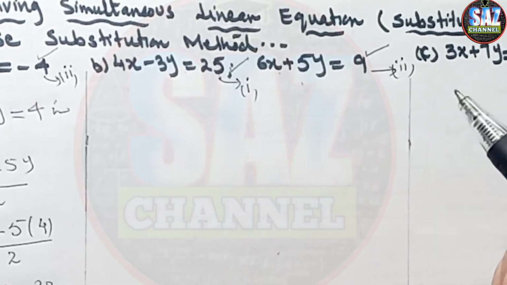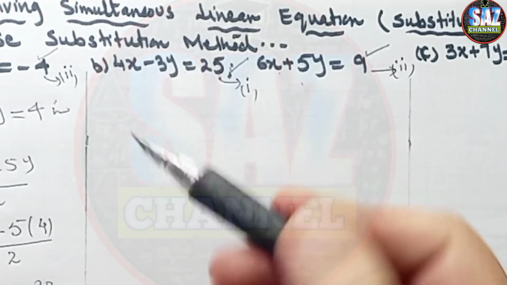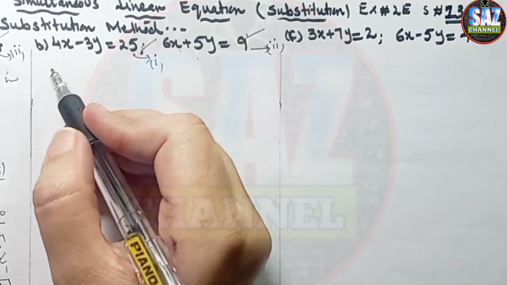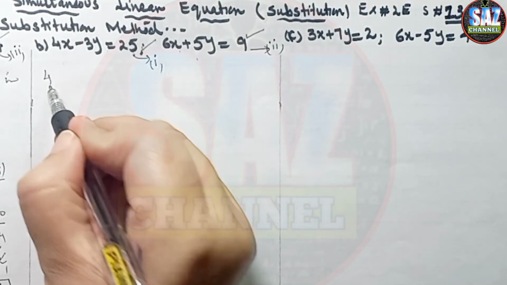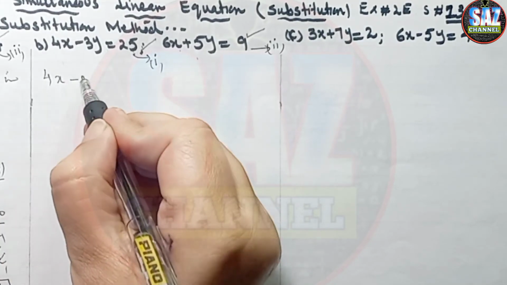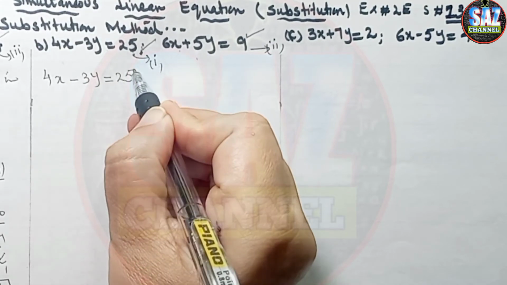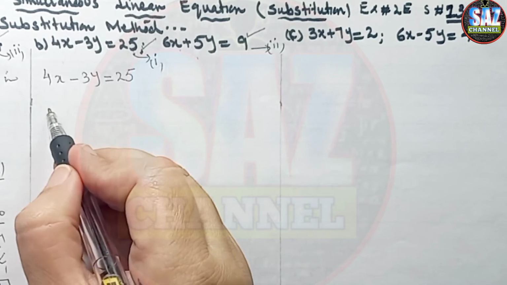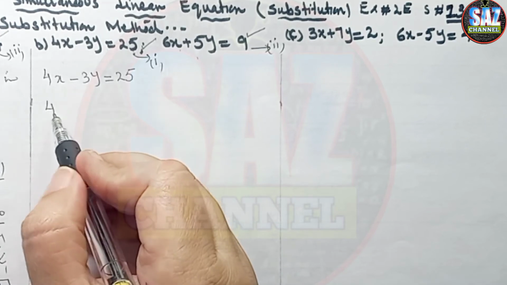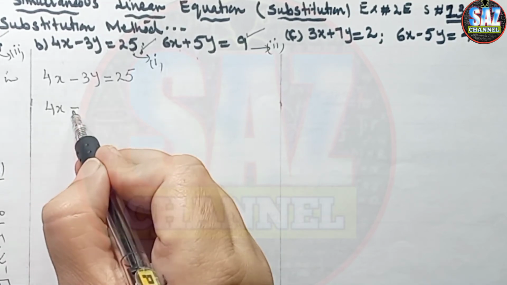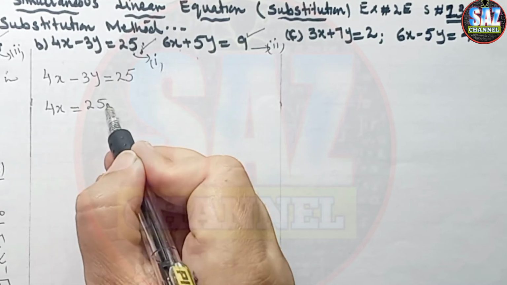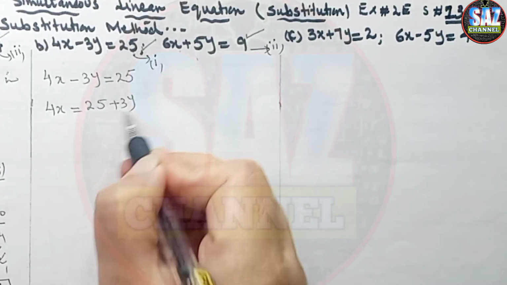Now, which letter do I want to make the subject of formula? Okay, it's my choice. From equation 1, 4x minus 3y equals to 25, I'm going to make x the subject of formula. So for that purpose, I will be keeping 4x on this side and it will take the form 25 plus 3y.